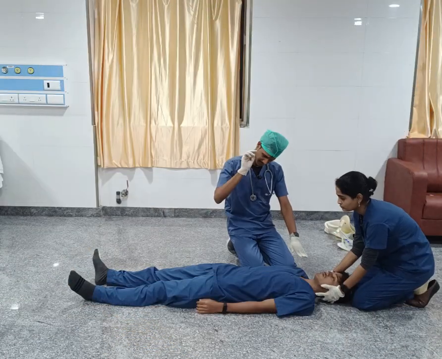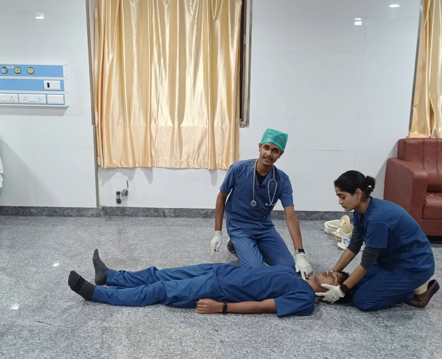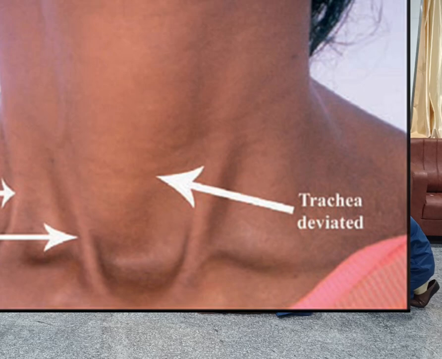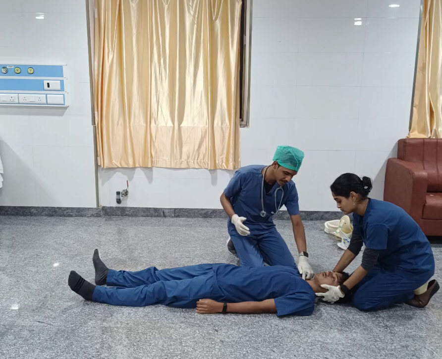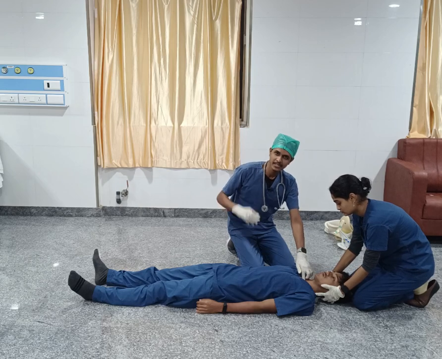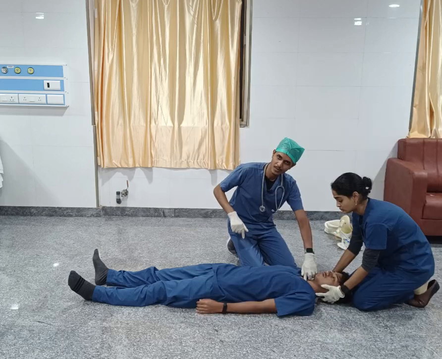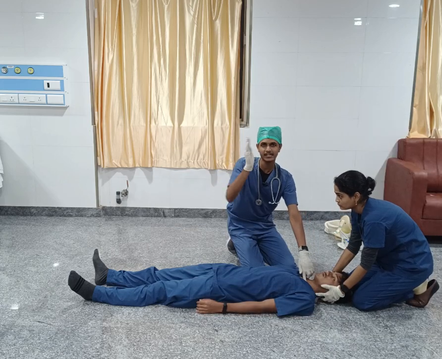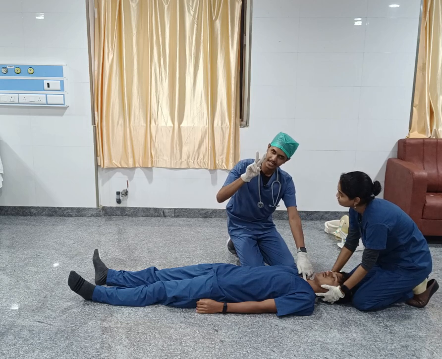That is one thing. The second thing, you can check the midline tracheal deviation. Place your finger over the sternal notch area. If the trachea is in the center, you are able to palpate it. If it is deviated to some other side, you are unable to palpate the trachea. This is the second thing.